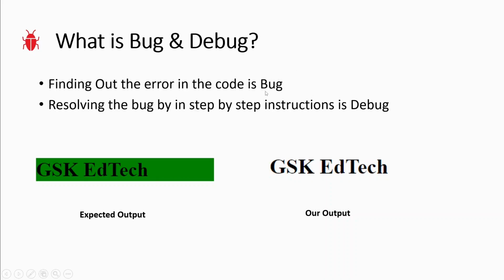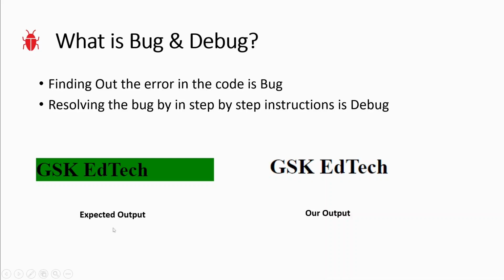Without fixing it the code cannot run, because a perfect syntax is needed for the output of your code. Debugging means destroying the bug. Debugging is nothing but destroying the bug. While correcting that error, we call it debugging.